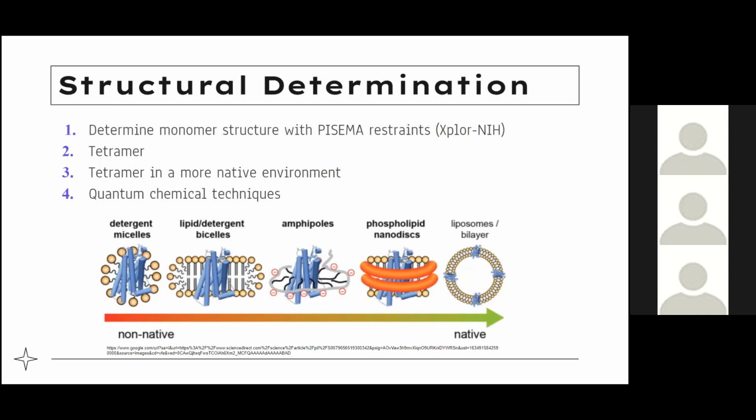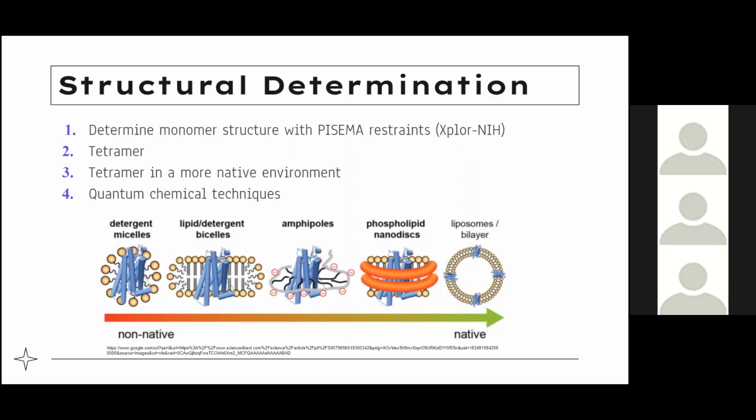So in this study, in order to mimic as best possible the native environment, a liposome was used to mimic the bilayer. And of course, this can't 100% mimic it since the bilayer is so complex in reality. However, it gives a much more accurate model compared to the detergent micelles used in the past.